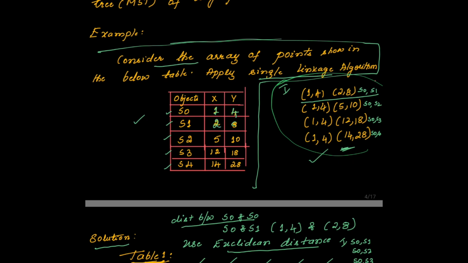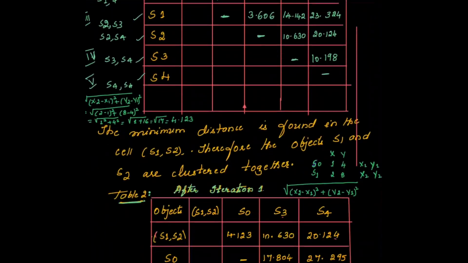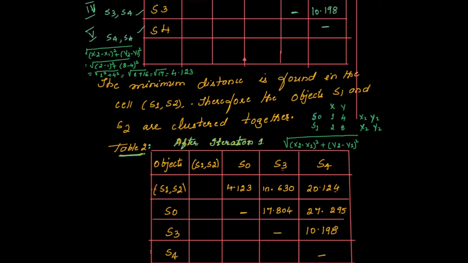S1 is 2, 8 in the problem statement. So these two, 1, 4 and 2, 8, I am using first in the Euclidean distance. The Euclidean distance formula you already know, you have been doing it previously in so many numericals: under root of x2 minus x1 whole square plus y2 minus y1 whole square. Let us first do between S0 and S1. S0 is 1 comma 4, S1 is 2 comma 8.